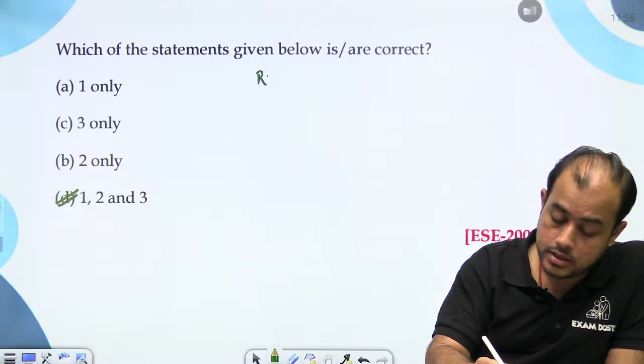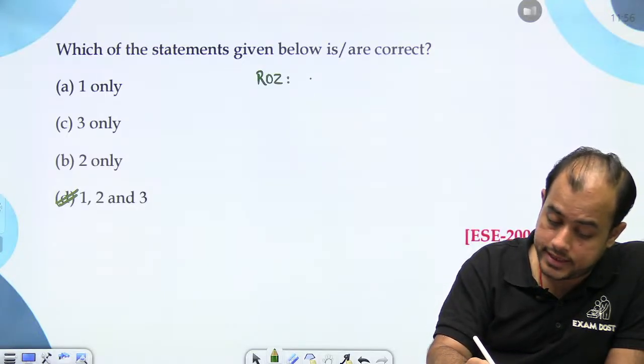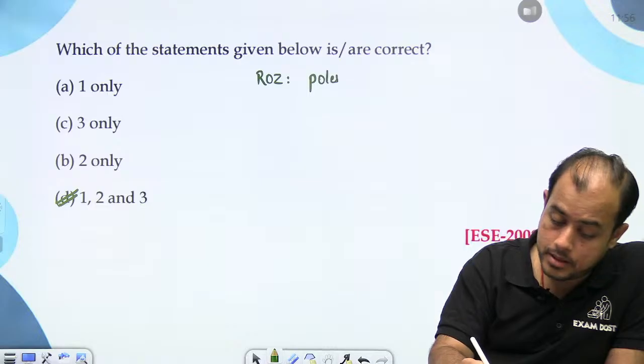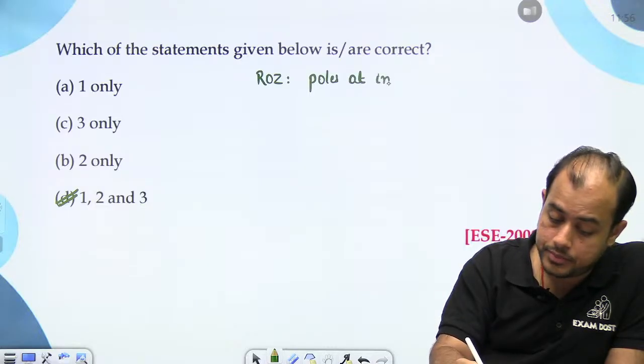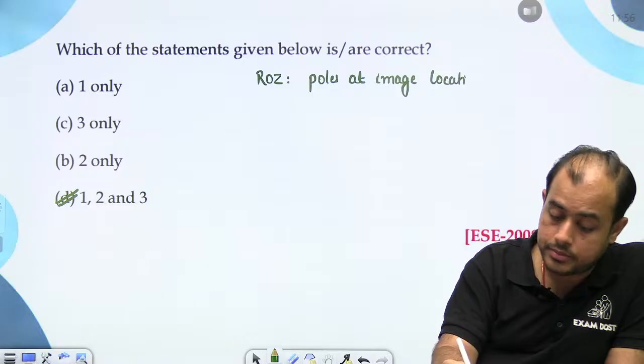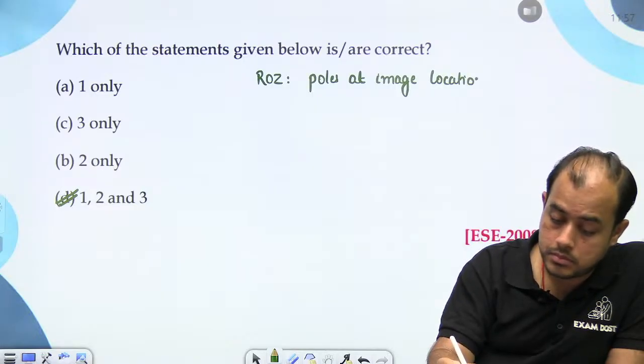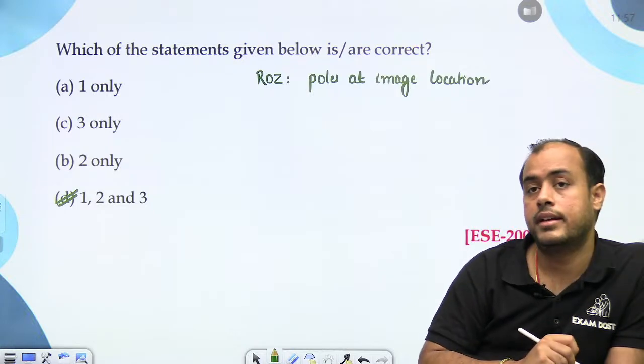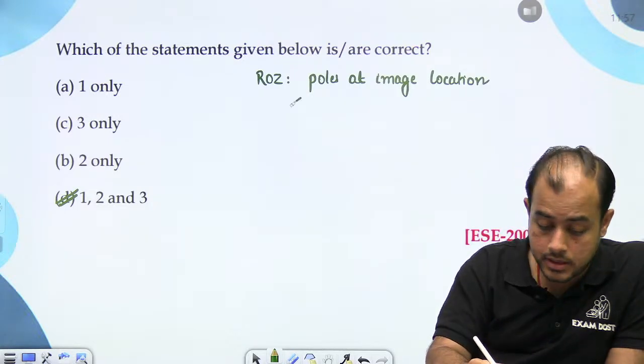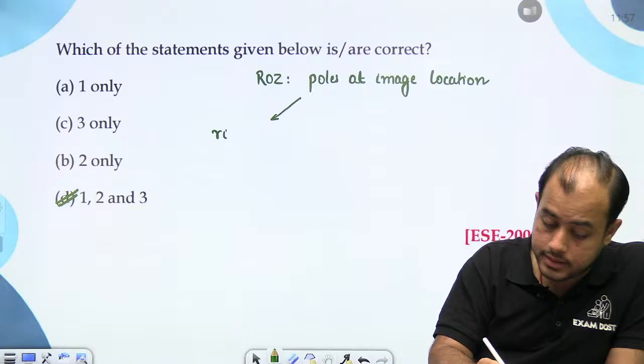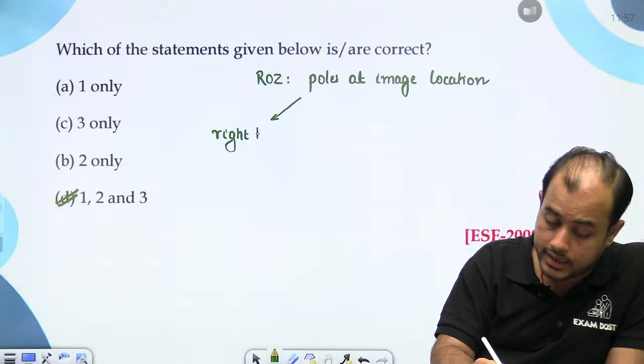Basically, a row of 0 says poles at image location. Okay, so basically one case is right half and left half.